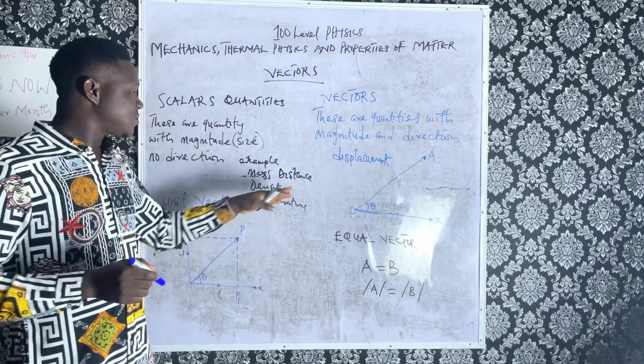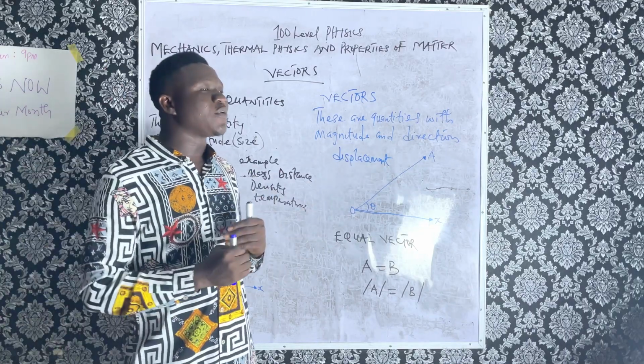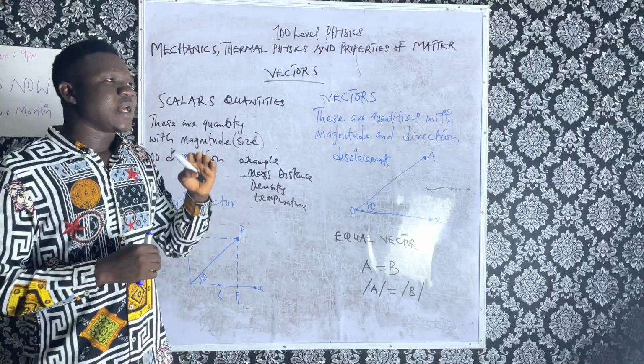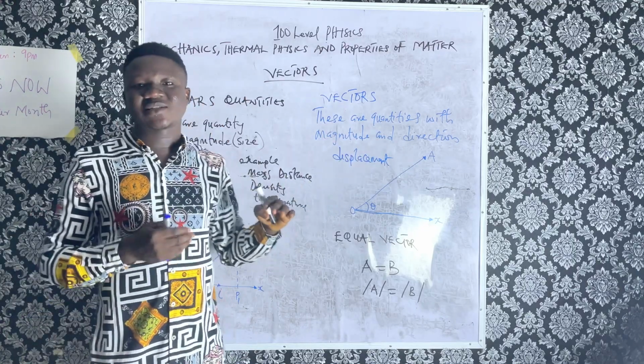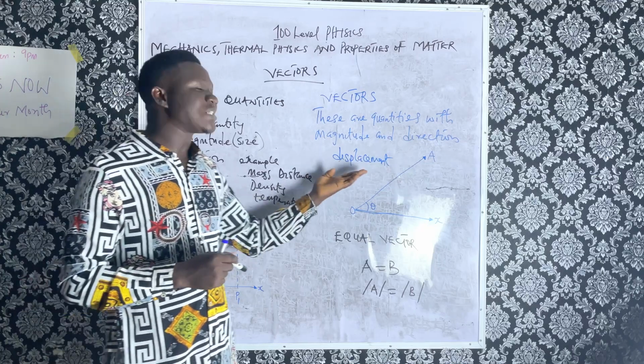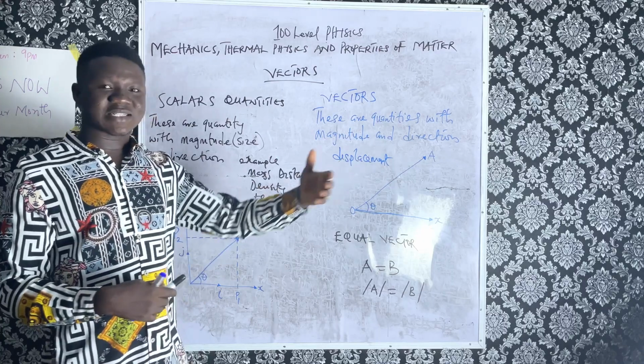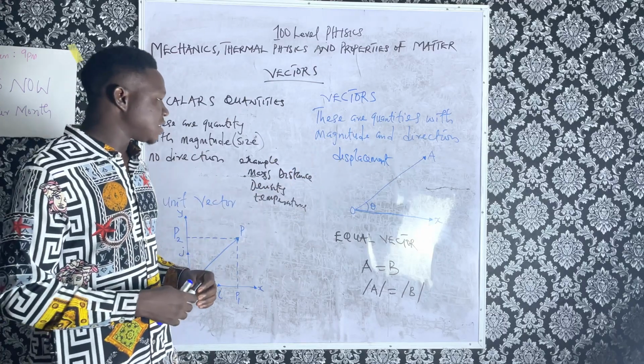So that's the difference between distance and displacement. Both have magnitude. If I say I want to move 20 meters northward, that's displacement. But when I say I want to move 20 meters, that's distance covered. So that's the difference.